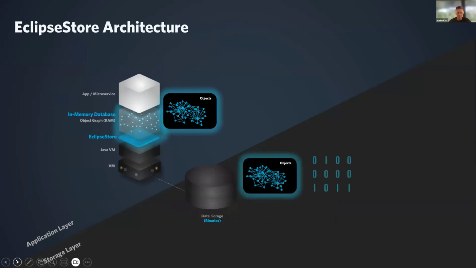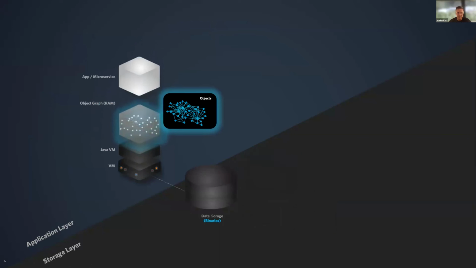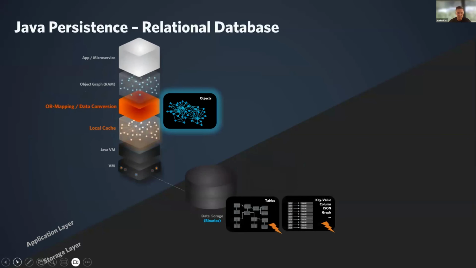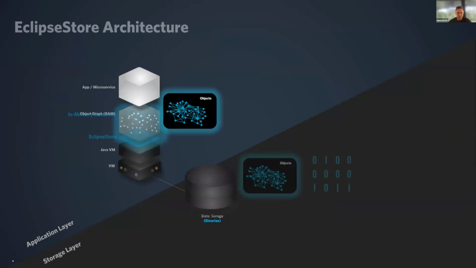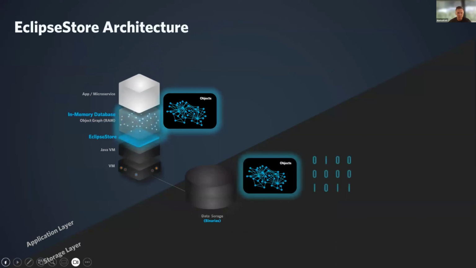With EclipseStore, we replace Hibernate, or the data conversion that is needed when you're dealing with a NoSQL database. This is replaced by EclipseStore. So now let EclipseStore store yours.